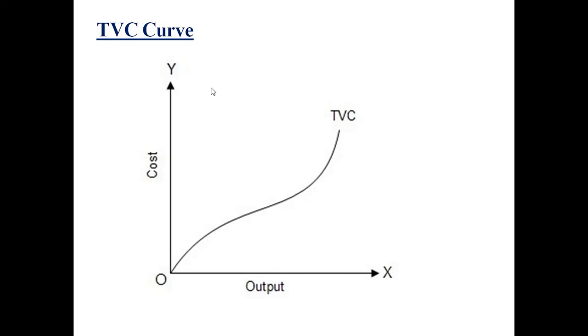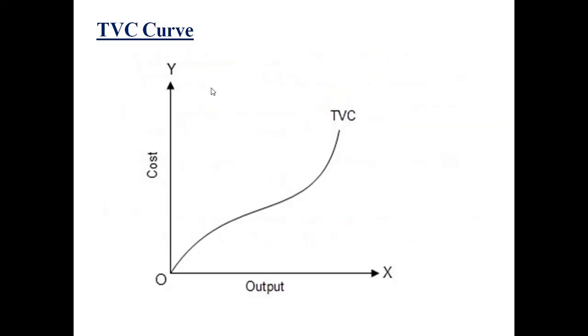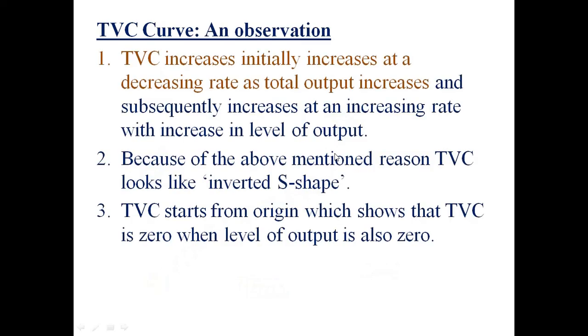At that point of time, your TVC increases at an increasing rate because you have to keep on producing a higher level of output. So in order to increase the level of output, as you can see out here, the level of output is increasing and your cost is also increasing, but it happens because of the diminishing returns. So please keep this in mind.